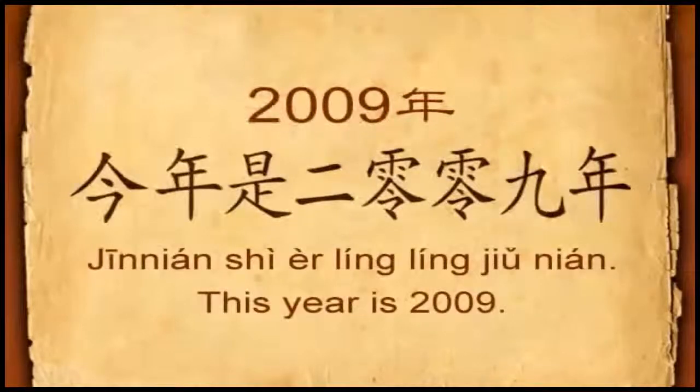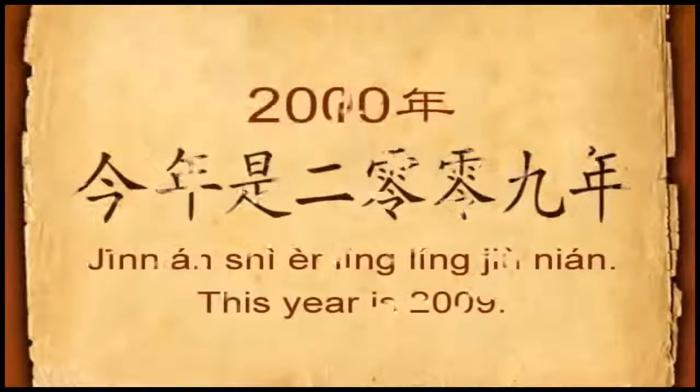0. How would you tell someone the following dates in Chinese? Here's the year 2009. To tell someone this year is 2009, you would say 今年是2009年. Say this sentence with me. 今年是2009年. This year is 2009.